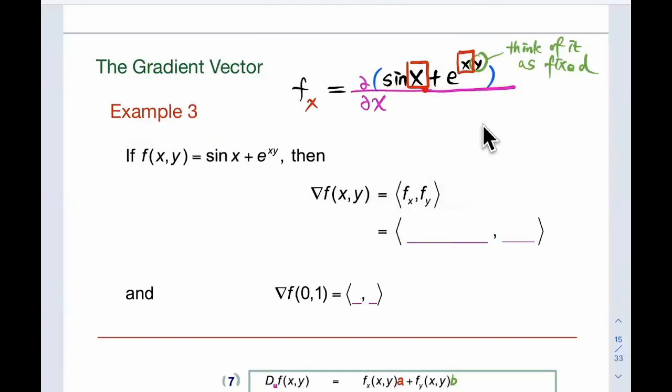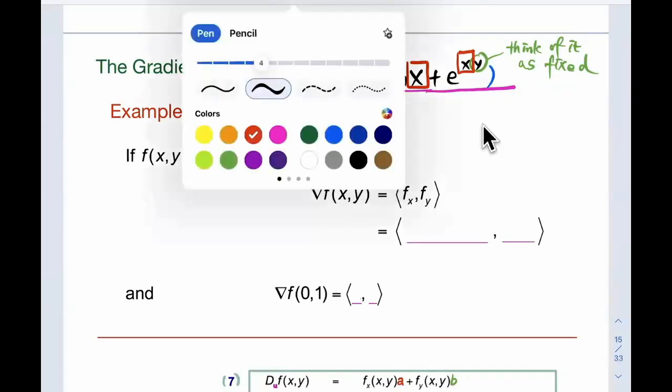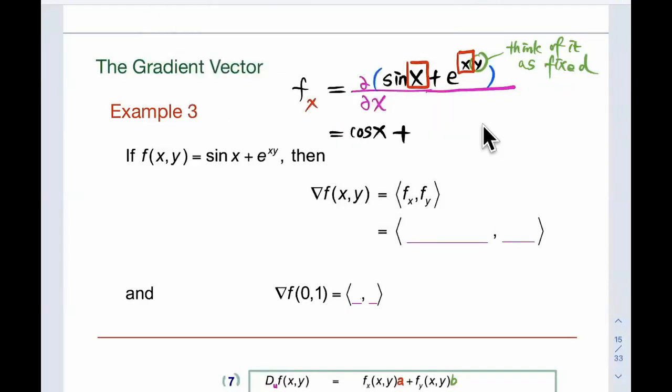The derivative of sin x with respect to x is what? Cosine x. And then plus, now we get to this one. What's the derivative of this with respect to x? Yes, you got it. Now e to this function is a composite function, so we need to use the chain rule.